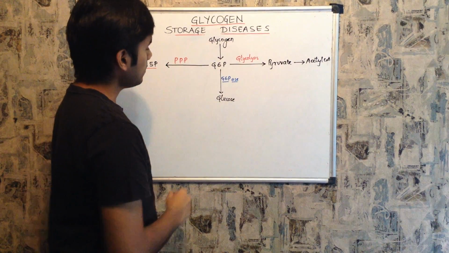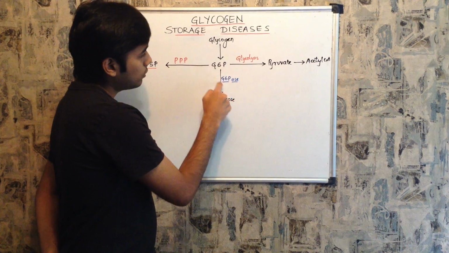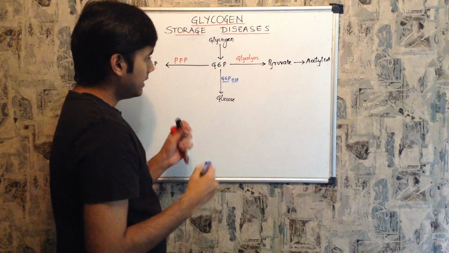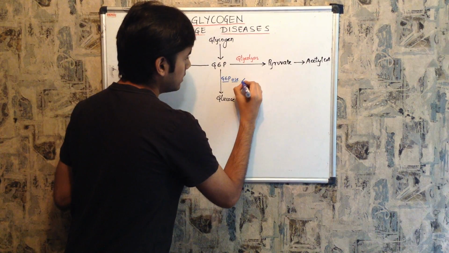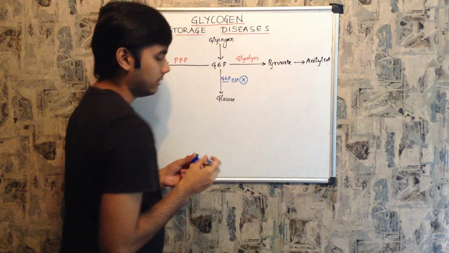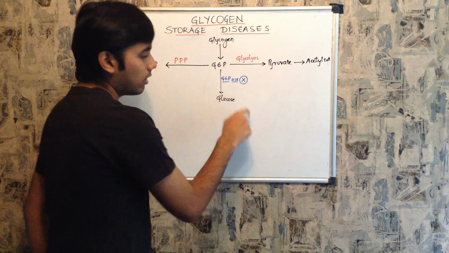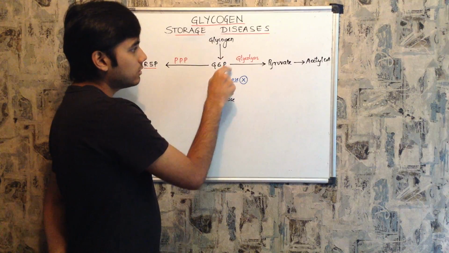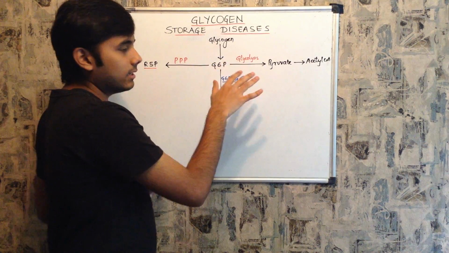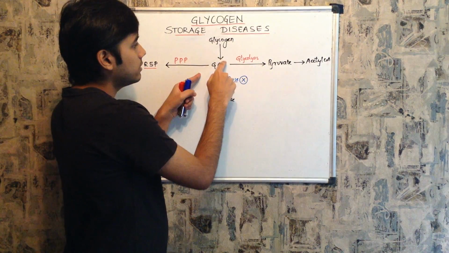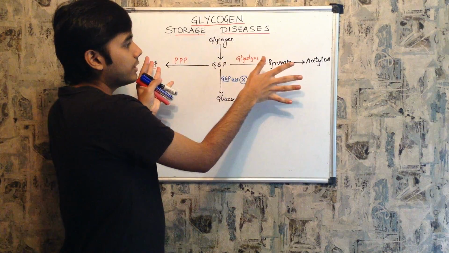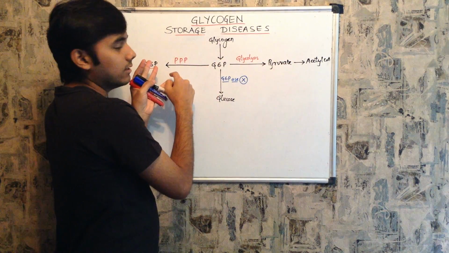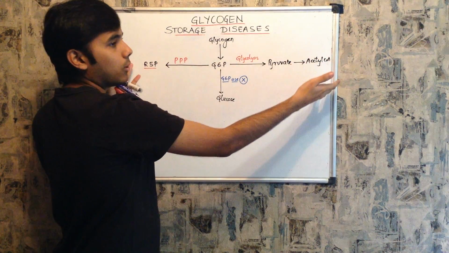Now, if there is a deficiency of glucose 6 phosphatase, what happens? Glucose is not formed, right? So the glucose 6 phosphate which is formed is equally distributed into these 3 pathways for the formation of their products.